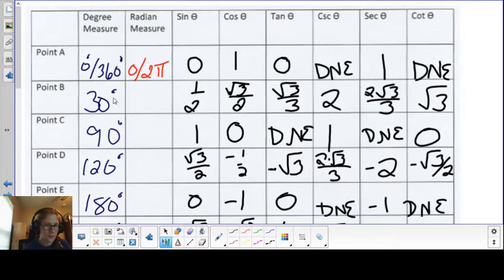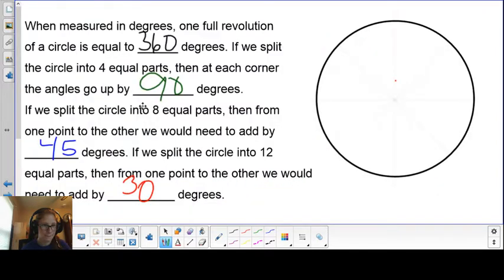All right, 30 degrees. When we determined 30 degrees, we split our circle into how many different pieces? 12, that's the magical number I was looking for.